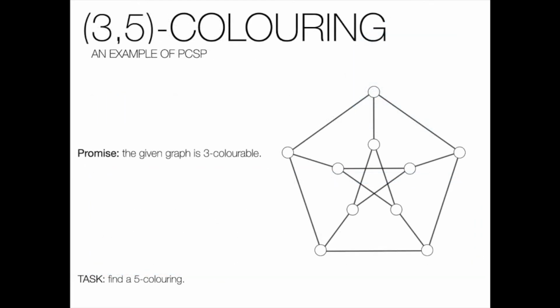Our second example is 3 versus 5 coloring. We are given a graph which is known to be 3-colorable, and the task is to find a 5-coloring. This is an example of PCSP.